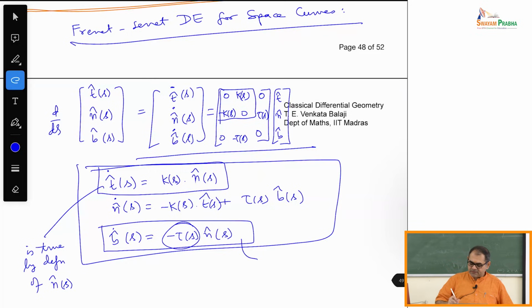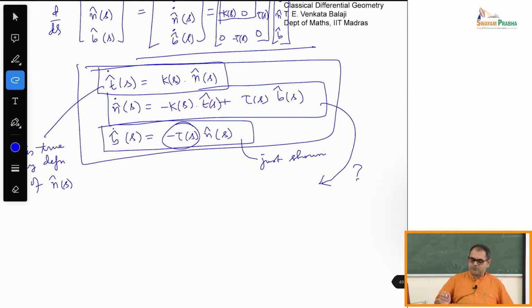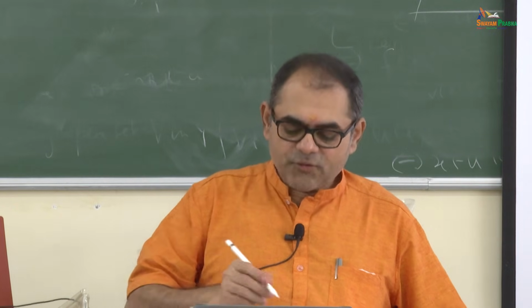Okay, so this we have just shown that. So the only thing that you have to show is this, the fellow in the middle. This is the guy that needs to be shown. That is, you need to show that n cap, its derivative is partially in the tangent direction and partially in the binormal direction. Okay, so how do you do that?